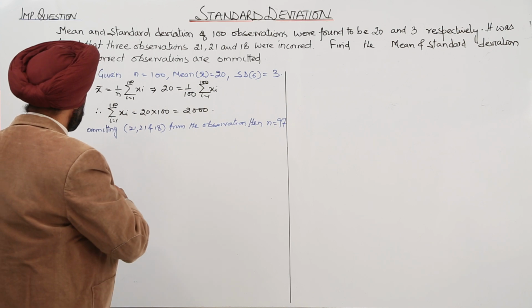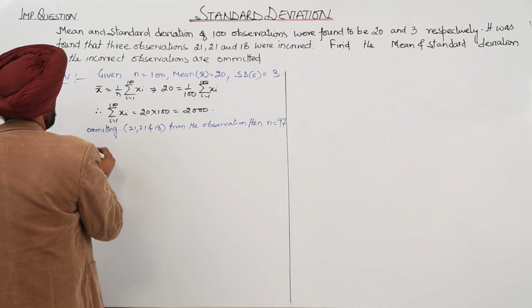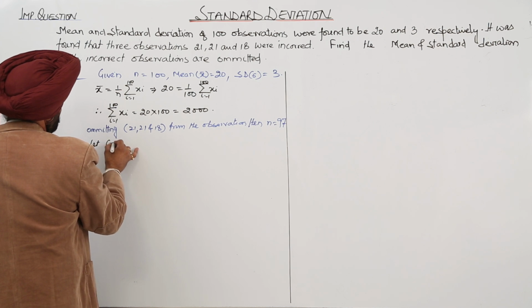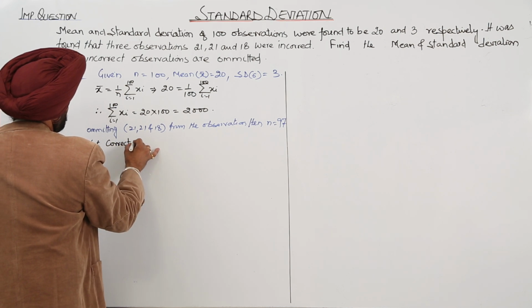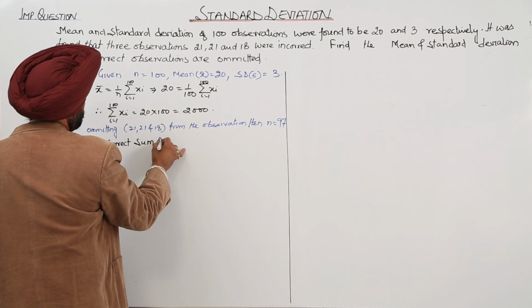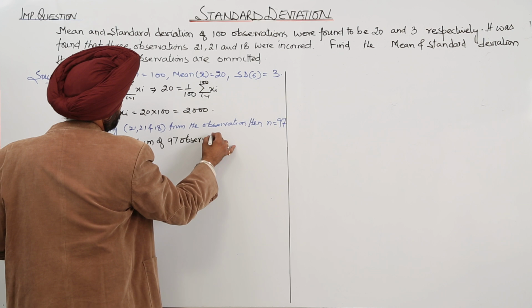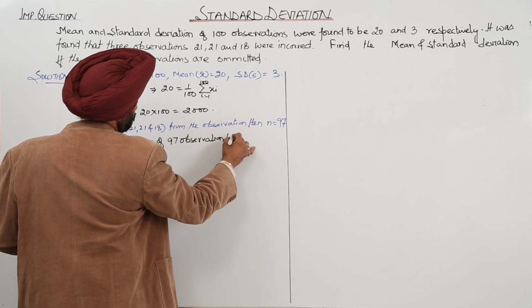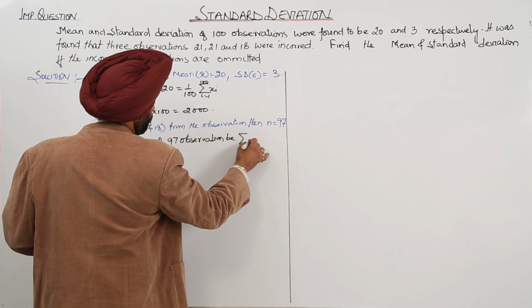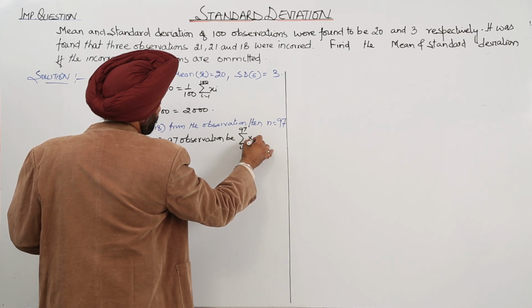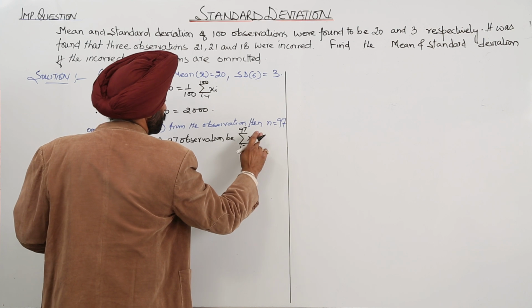Now let the correct sum of 97 observations be capital X.